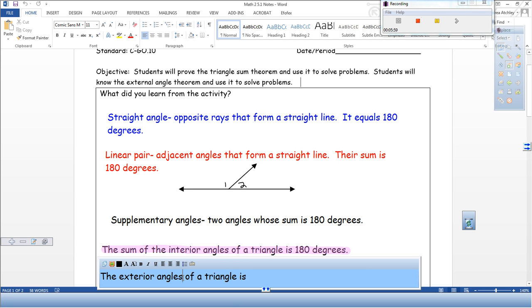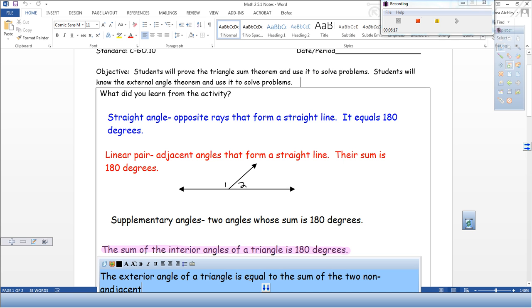The exterior angle is equal to the sum of the two non-adjacent interior angles.